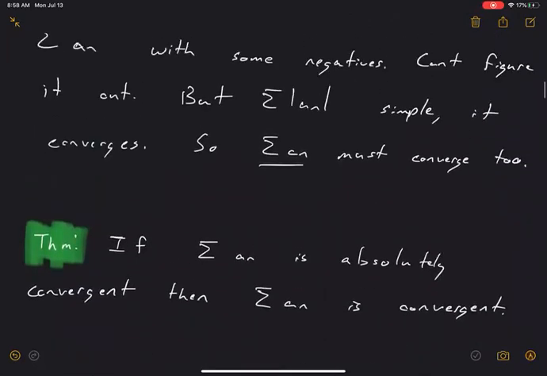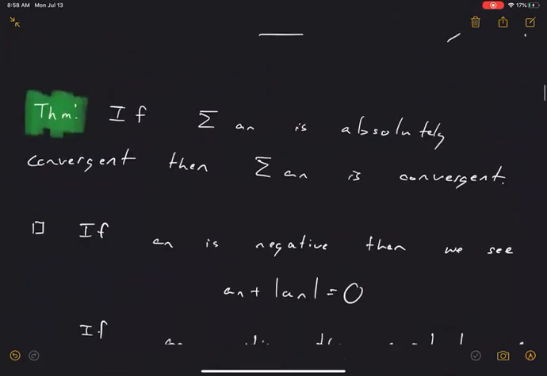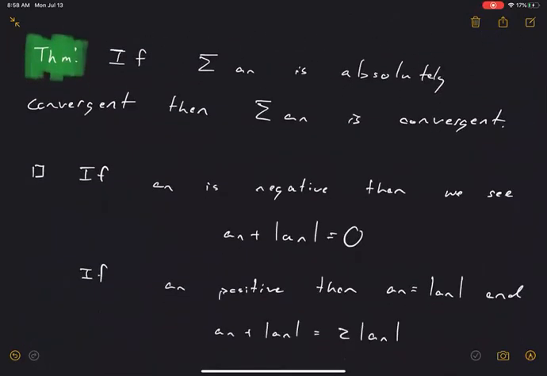Okay, so I've stated this. Let's go ahead and prove it real quick. This is the theorem regarding the statement I just made. If the sum of a sub n is absolutely convergent, then the sum of a sub n is convergent as well. And remember what absolutely convergent means: it means that the series of absolute values converges.